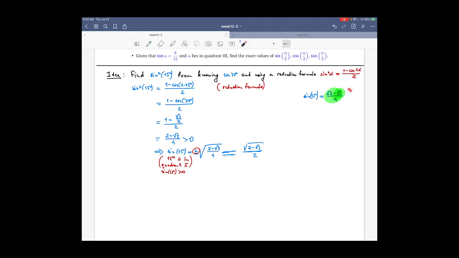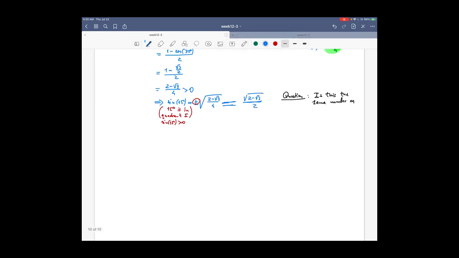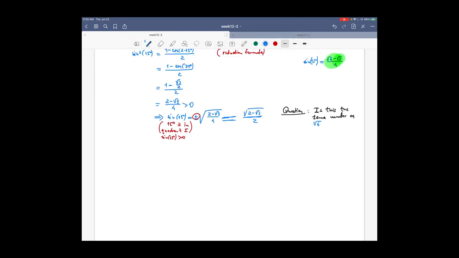And that seemingly is a different number. So the question we should immediately ask is, is this the same number as root 6 minus root 2 over 4?